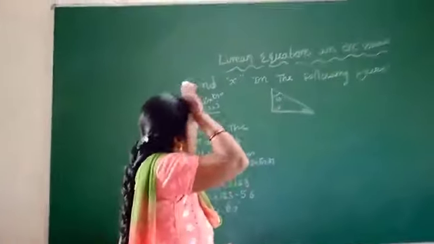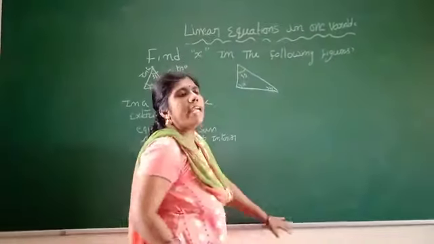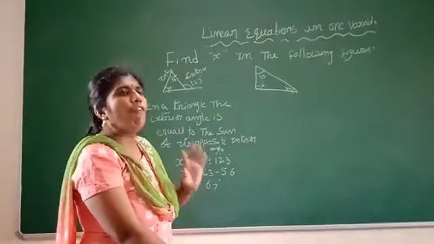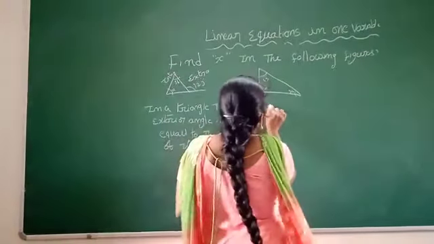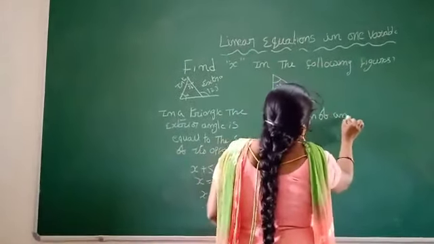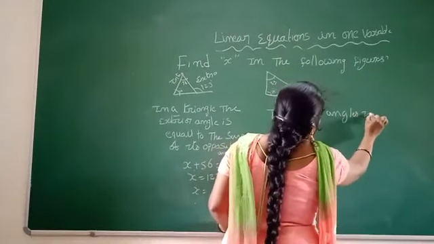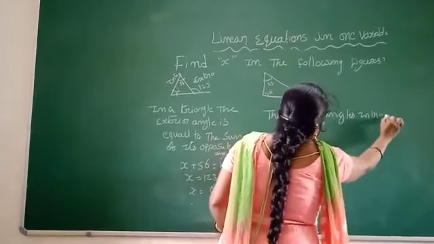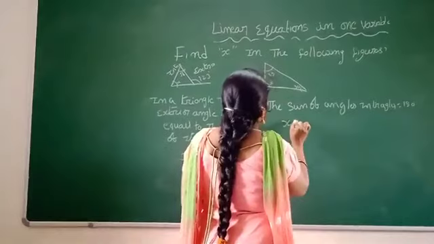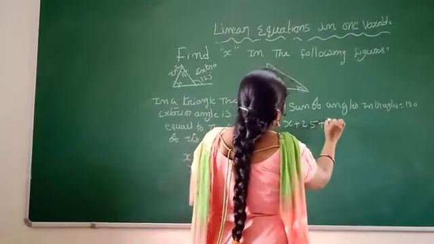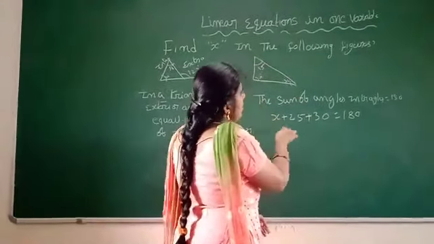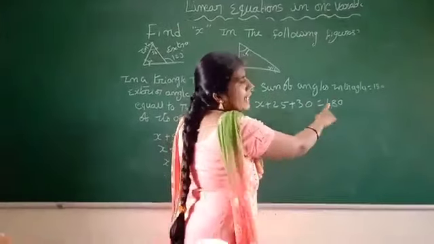See the next figure, a triangle. The sum of the angles is how much, children? The sum of the angles in a triangle is 180 degrees.